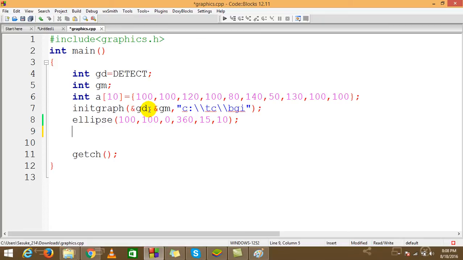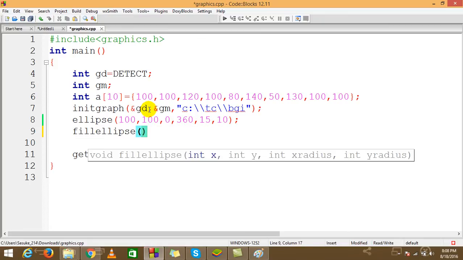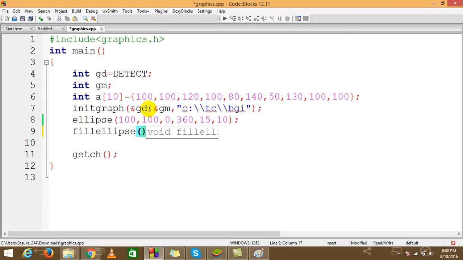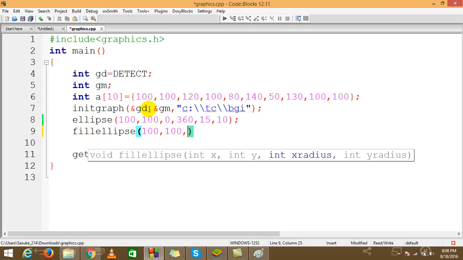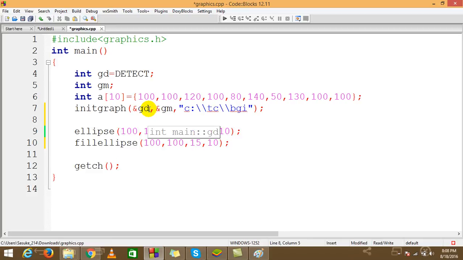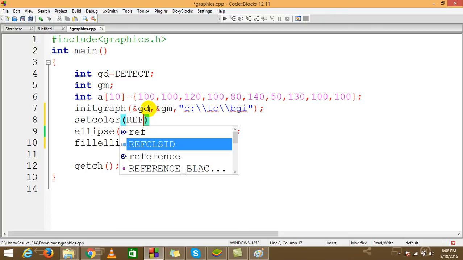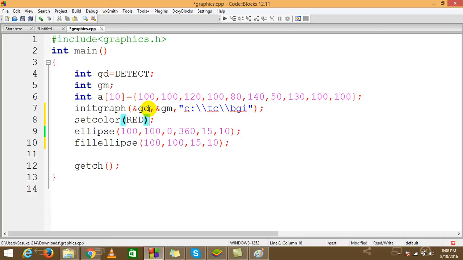After that, if you want to put color, then we have a function called fillellipse, which will take the value of x, y, radius of x and radius of y. Whichever color we give, it will fill with that. So we have setcolor, suppose we are giving red, or just mention some particular number in this case.